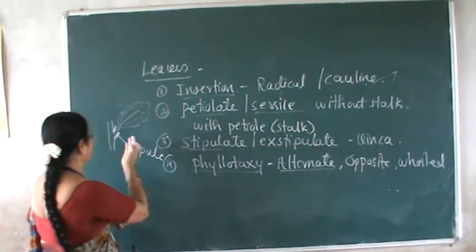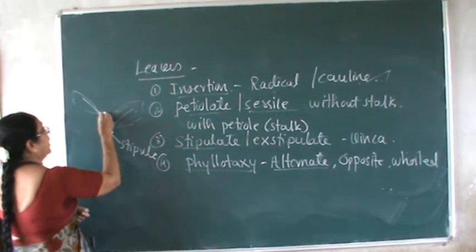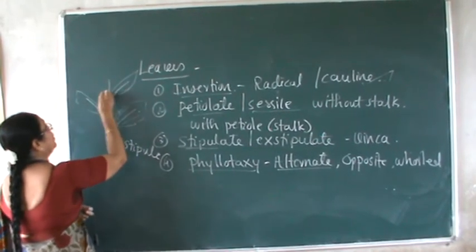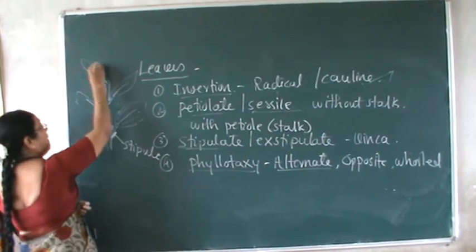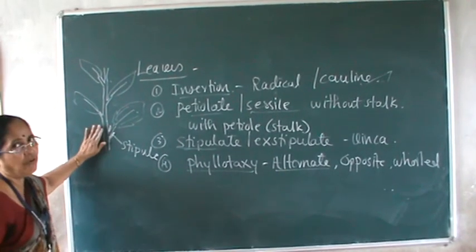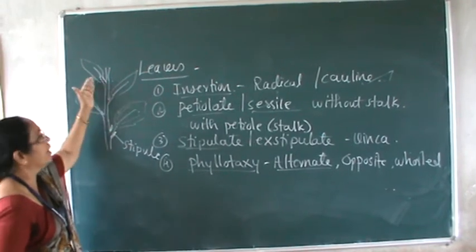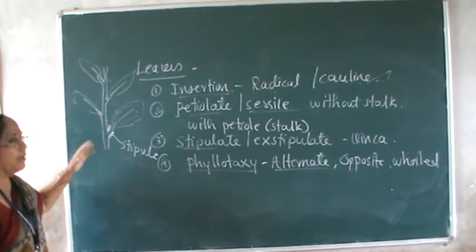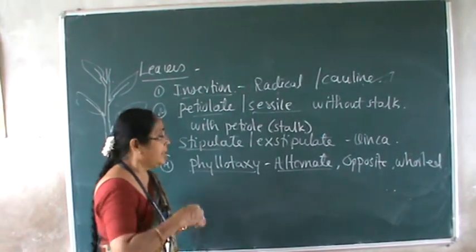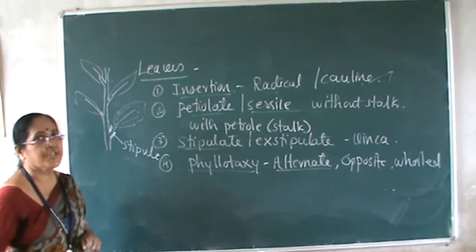One leaf comes on the left side. You draw the diagram, I will continue the same diagram. Next leaf, third leaf, and so on. This is an example for alternate phyllotaxy, where this leaf is on the right side, this is on left, right, and so on. At every nodal region it will have only one leaf. They are alternately arranged, and that pattern of arrangement is called alternate.